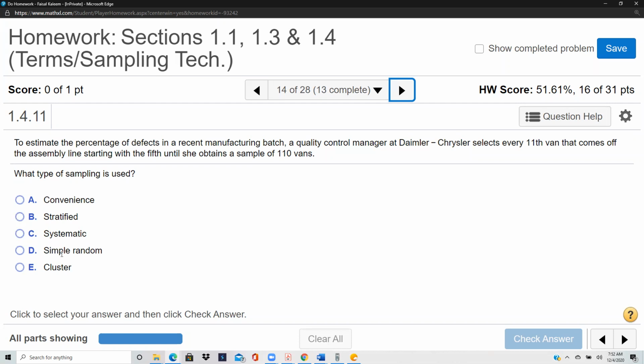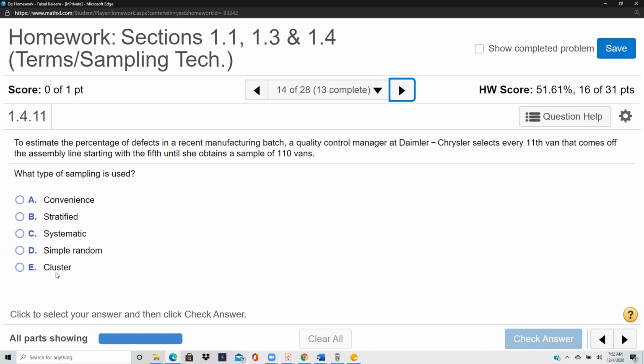It doesn't have to be a good system, but it just has to be a system. And then simple random is that you just randomly choose. Somebody can put the names of all the girls on a piece of paper and then just randomly draw 50 girls from there and sample those.